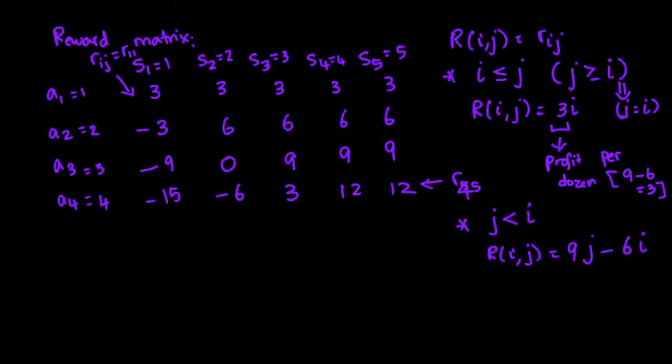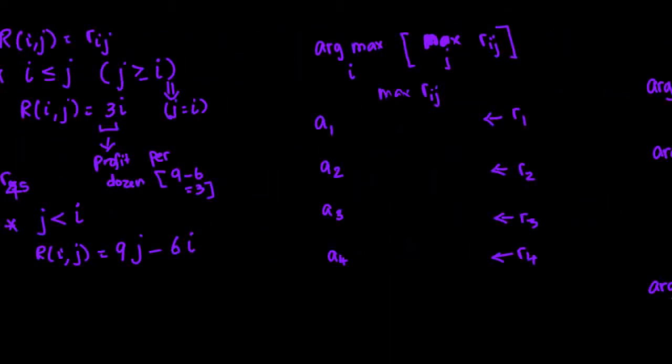So let's go back to the reward matrix and find what is the maximum of the first row. So I'm going across all rewards for a given action across all states 1 through 5, and the maximum of all threes is just a 3. So I'd end up getting 3.